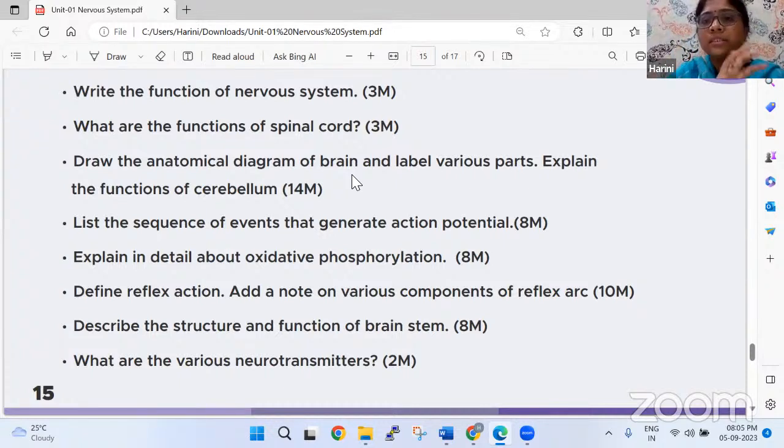So this is the diagrammatic part of the brain. Try to label all the regions properly, whatever regions you can cover in the diagram.